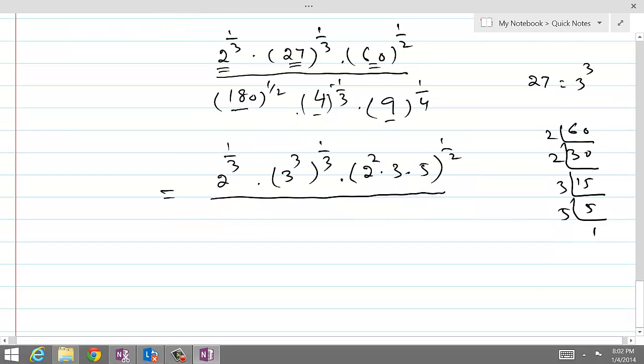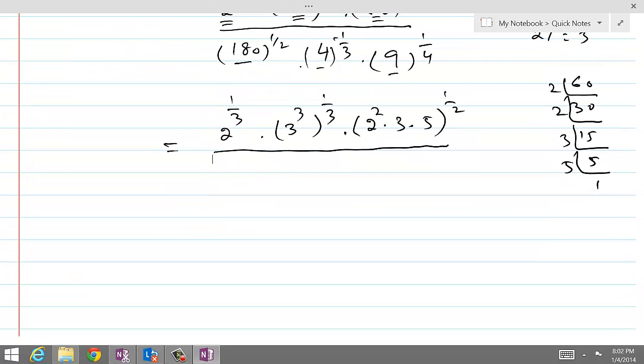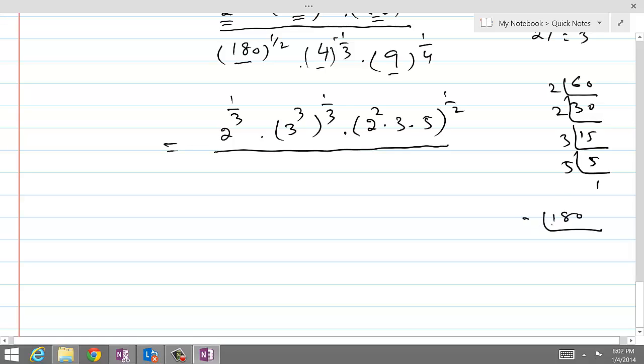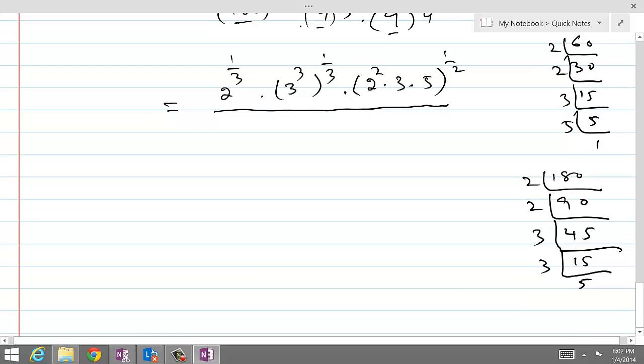Similarly, if we find the prime factorization of 180, that would be 2, 90, 2, 45, 3, 15, 3, 5, 5, and then 1.